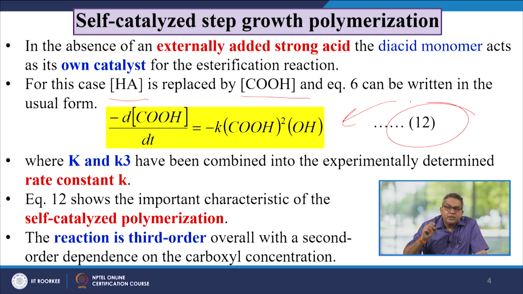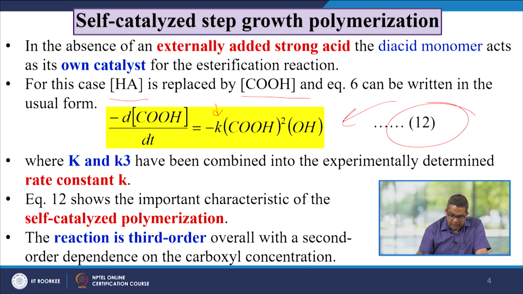Here k and k3 have been combined into the experimentally determined rate constant k. This equation shows the important characteristic of self-catalyzed polymerization: the reaction is third order overall, with a second order dependence on the carboxyl concentration.